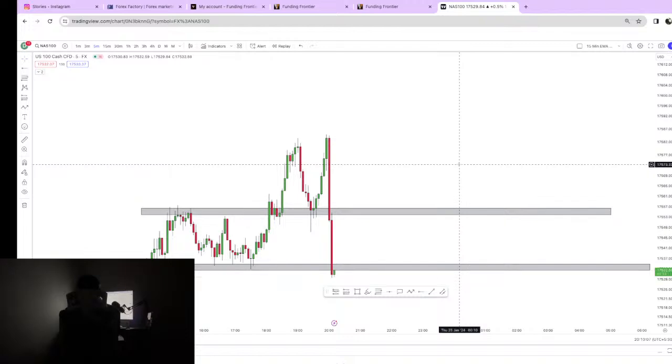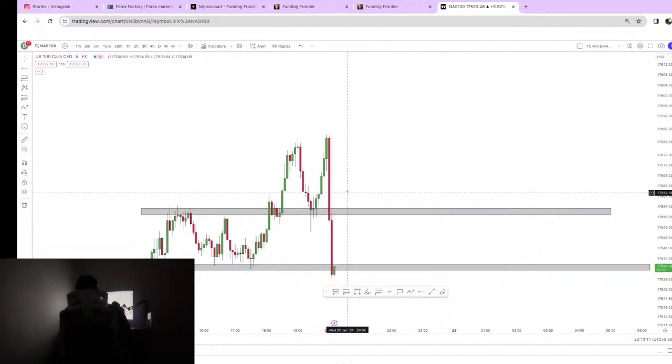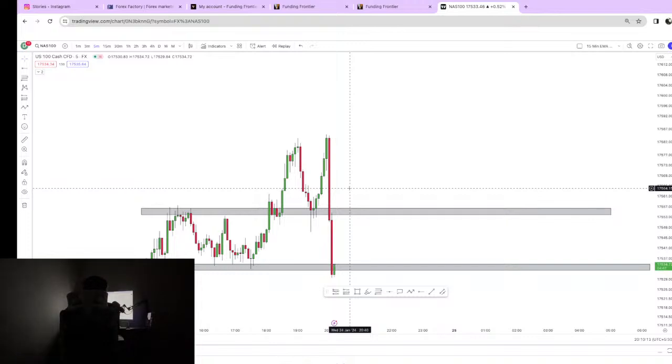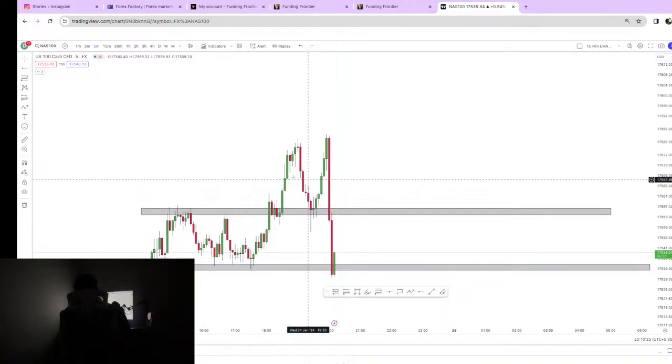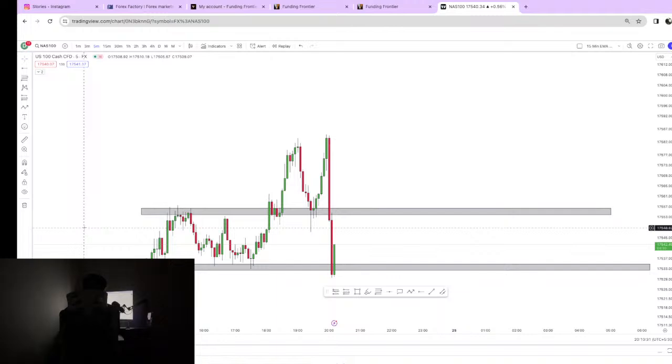If this next candle also closes above this candle, then also we can take an entry. The scenario is this should close above this red candle.